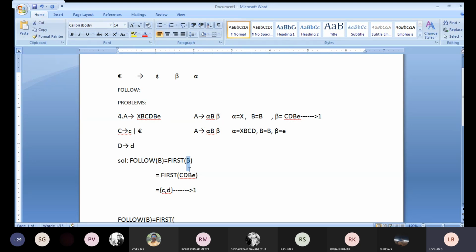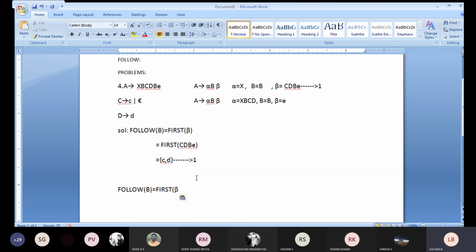If I take first of beta, what do you get in this particular case? First of small e. So e indicates the small letter only, so I'm going to retain the terminal as it is. This is with respect to the second case.